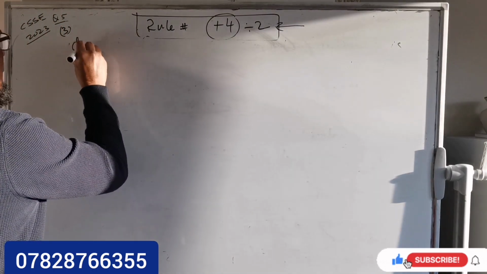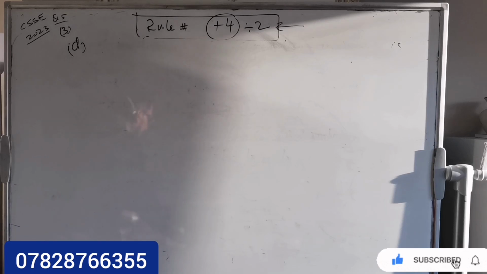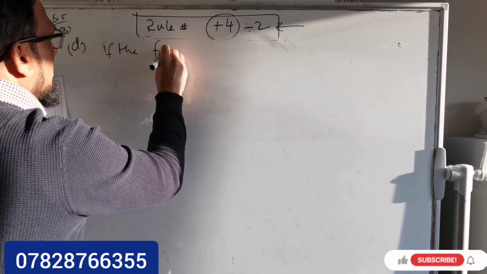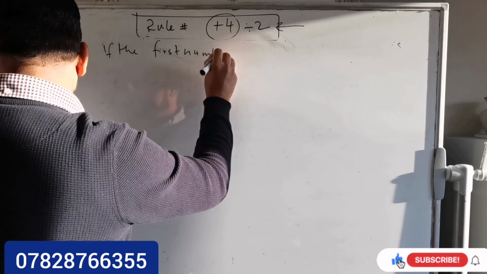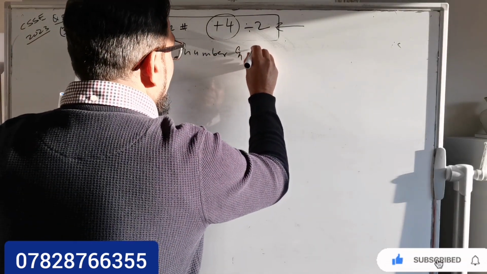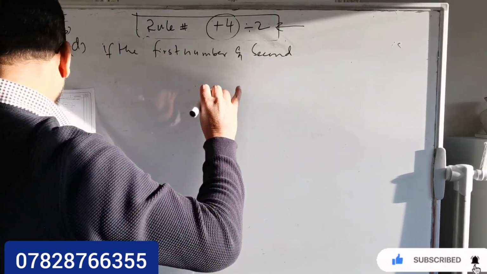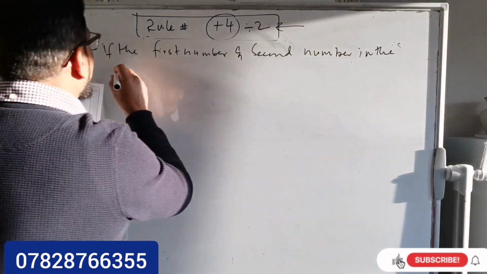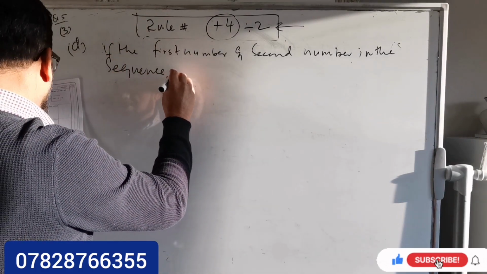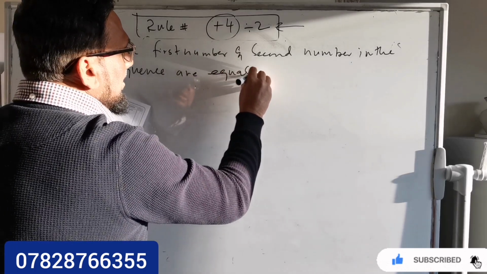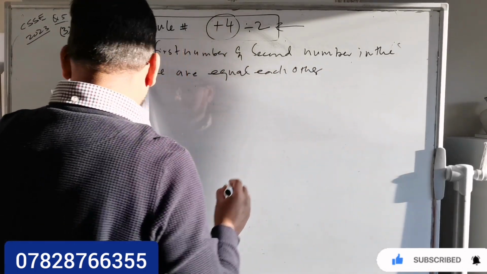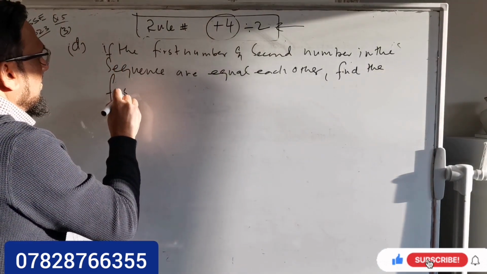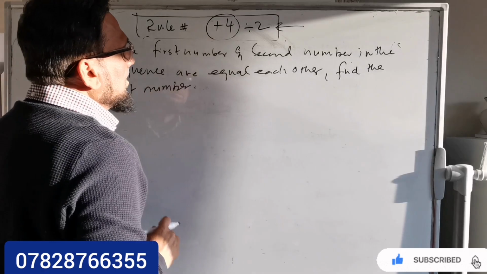The D part says: if the first number and the second number in the sequence are equal to each other, find the first number. So this is the last part.